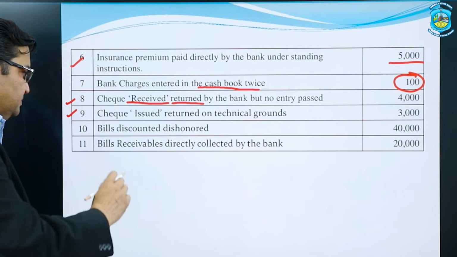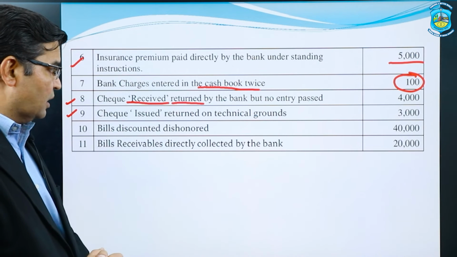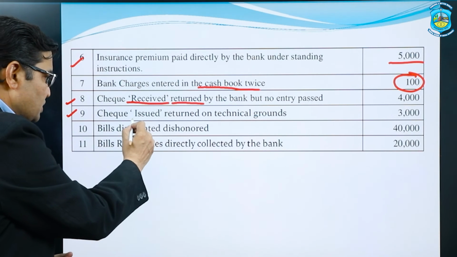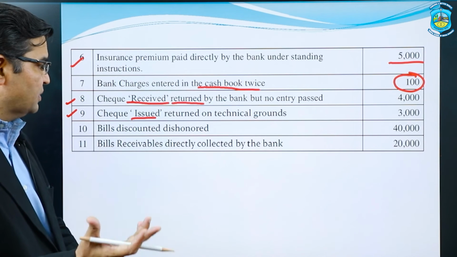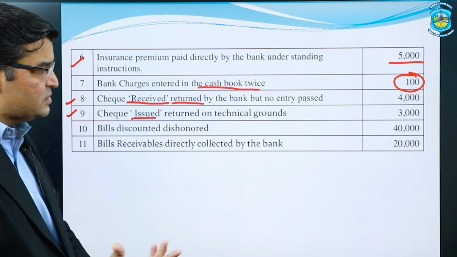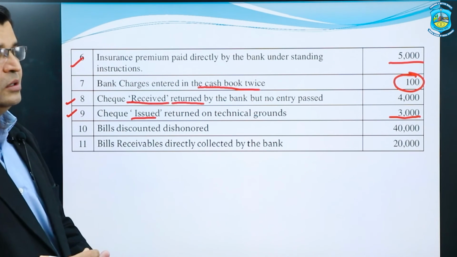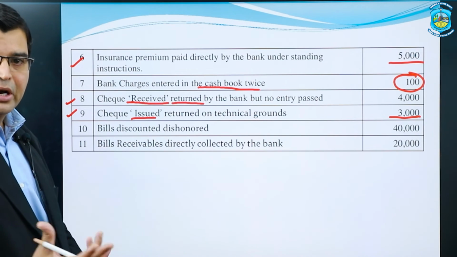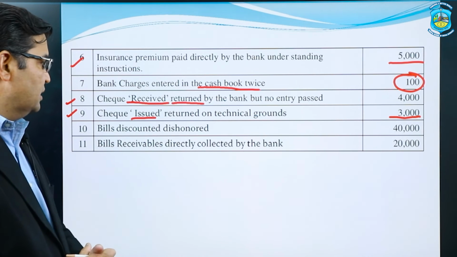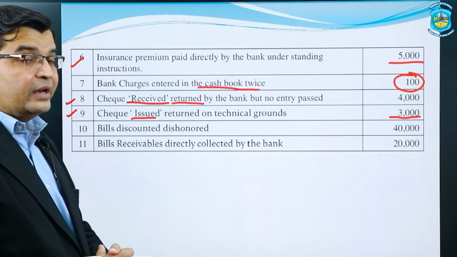Ninth point is checks issued returned on technical grounds. We have issued some checks worth rupees 3000, in favor of some of our creditors. Those checks after issuing we have already recorded in our cash book, but those checks of rupees 3000 returned on technical grounds.